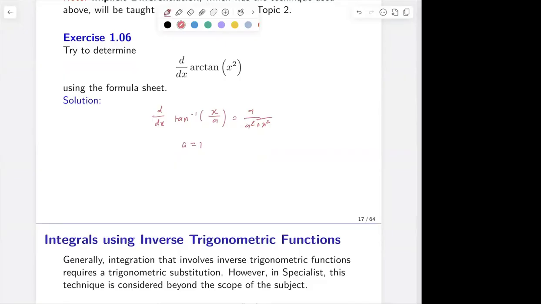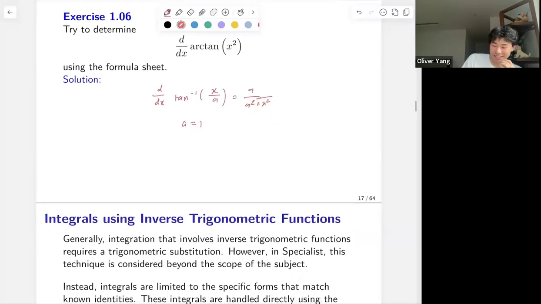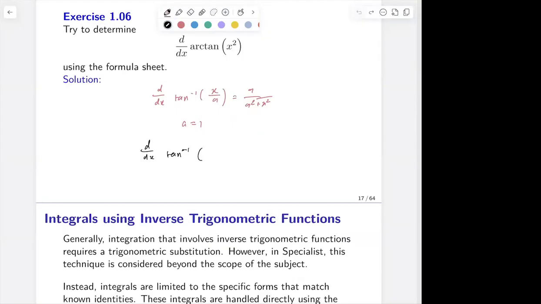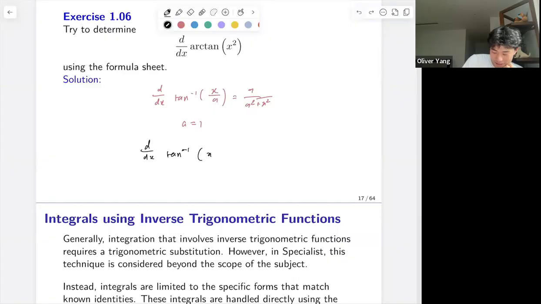And then x squared, since it's squared in the derivative, you can square that, so it's x to the power of 4, right? So therefore the derivative of this becomes 1 over 1 plus x to the power of 4. Yep. All right, so that was pretty simple.